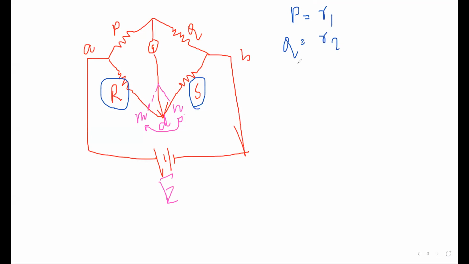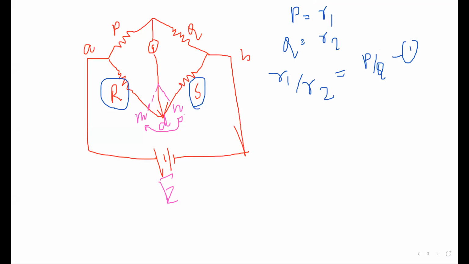Then easily we can write, if we need to find the value of resistance that can be calculated, r1 by r2 is equal to P by Q. I hope you understand this equation, P by Q. This is according to the value of resistance we will use.